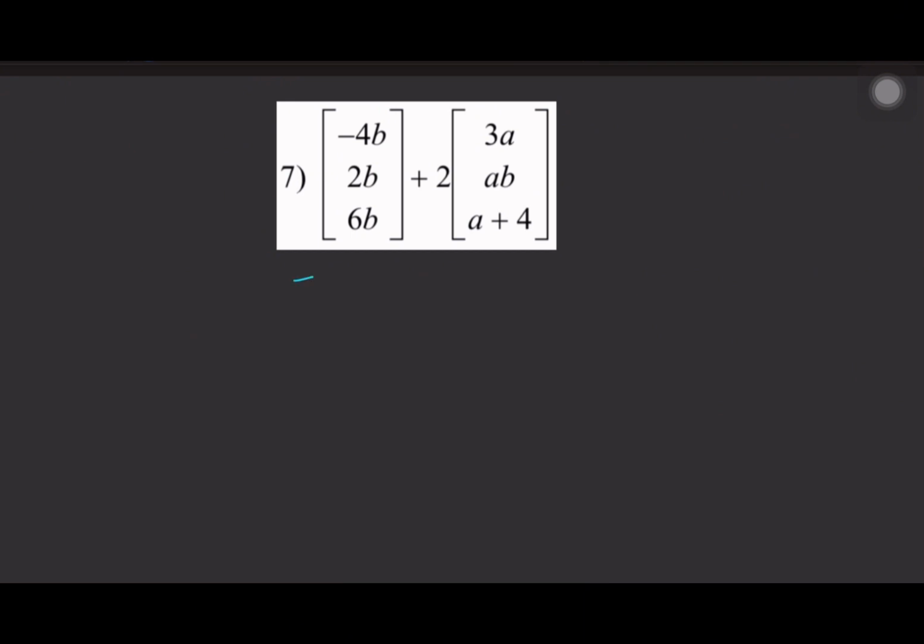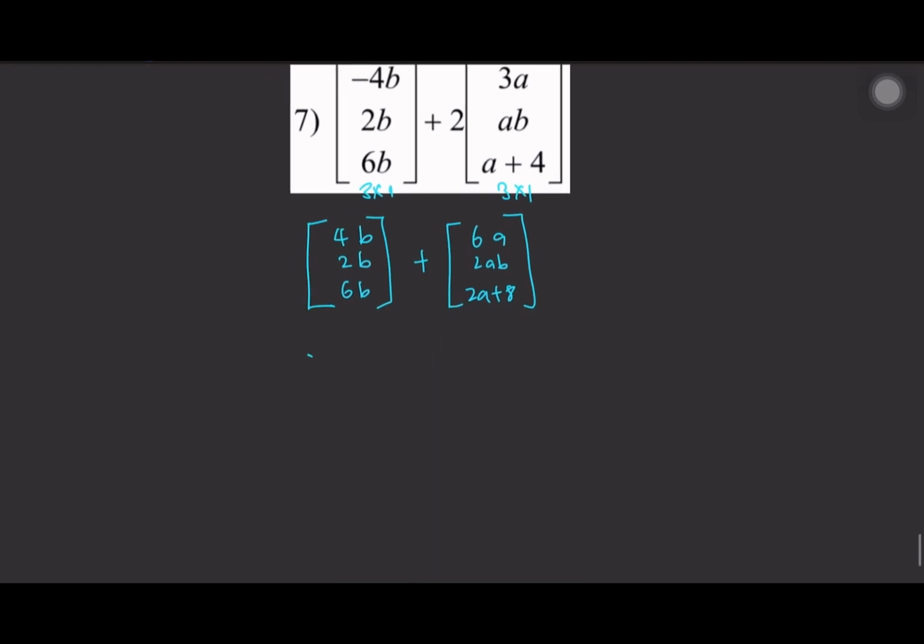Now, using our previous concept of matrix addition, let's combine: 4b, 2b, 6b, plus. Now we know that it's a 3 by 1 and it's a 3 by 1, so definitely we can add them to each other. Then we multiply the second one first, so we get 6a, since 2 times 3 is 6, then 2ab, and because 2 multiplied by a plus 4 is 2a plus 8.